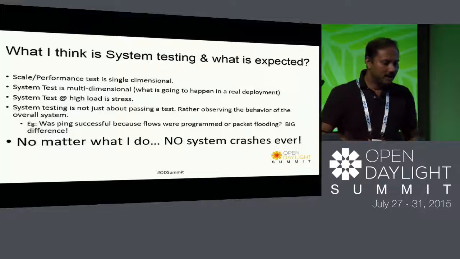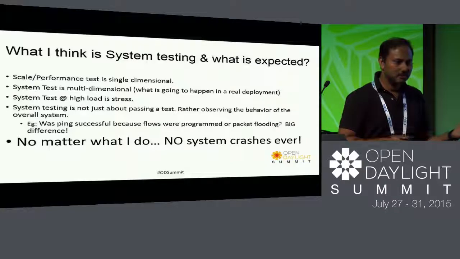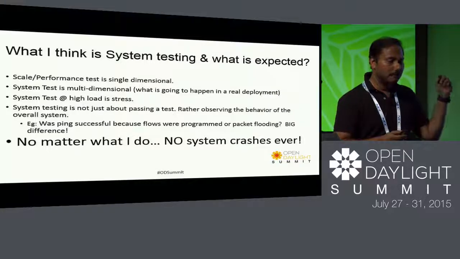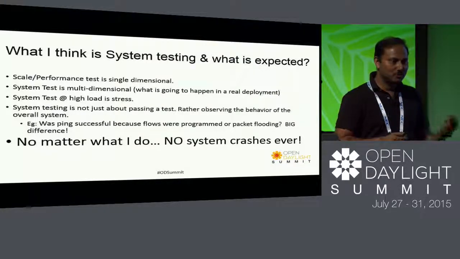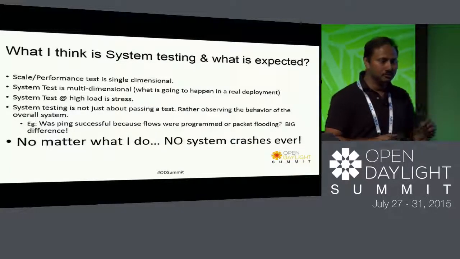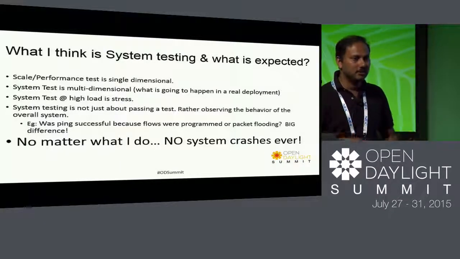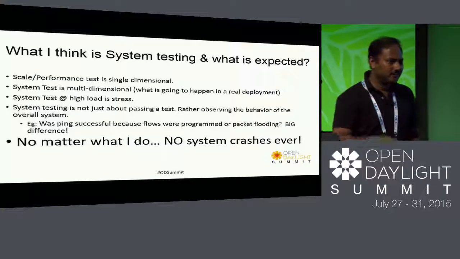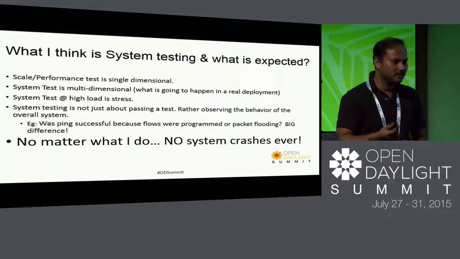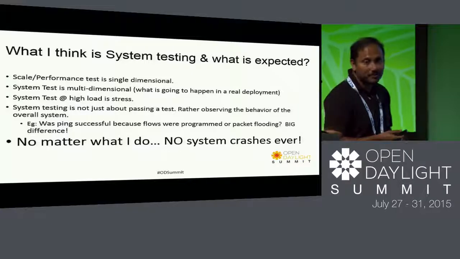So I figured out that at some point, because of some stress, there was a case where packets were not programmed, and the pings were not going through using flows, but through packet flooding. And that was a real bug, which is very difficult to catch in this kind of situation. Like Mininet, when you do a ping all test, it just says whether the pings pass or not. It doesn't say whether the pings went through using flow mod insertion or packet flooding. But it makes a big difference in testing.